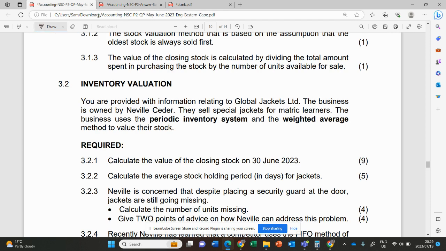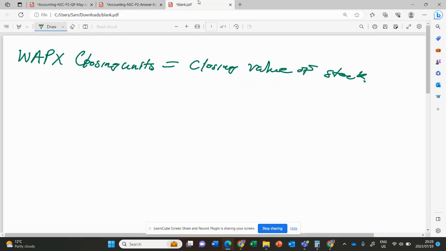Now we need our formula to calculate the weighted average price.